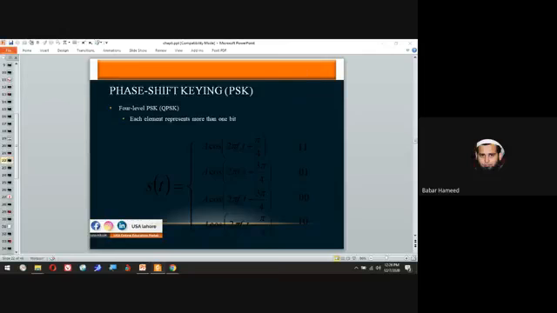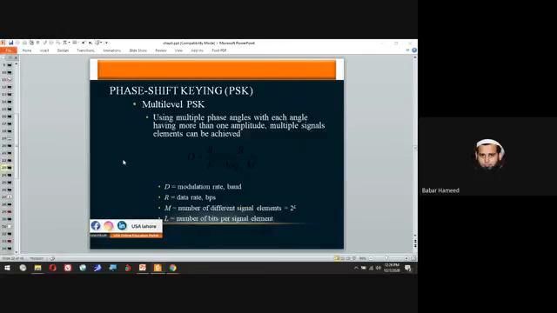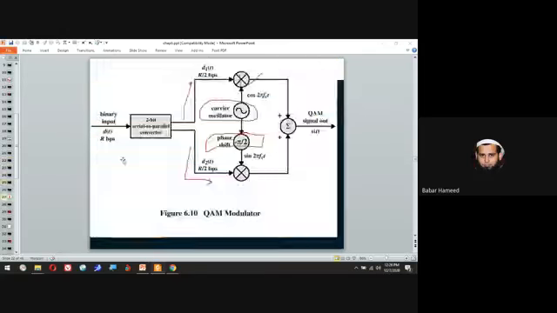We can see this one. This is basically a technique where we can implement QPSK. We can phase shift by pi by 2 here.